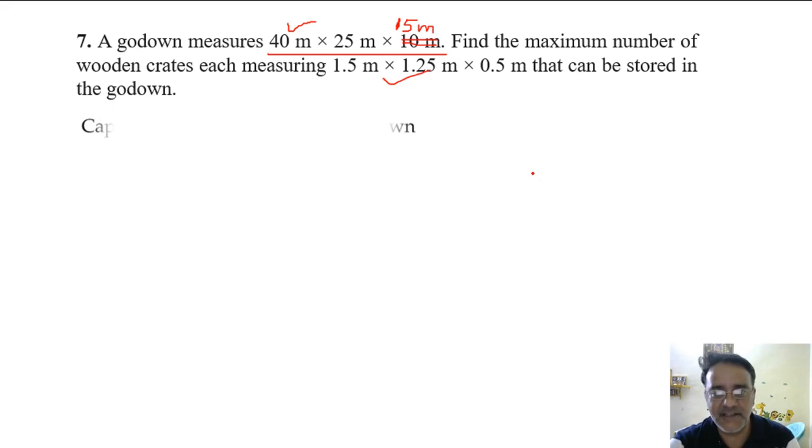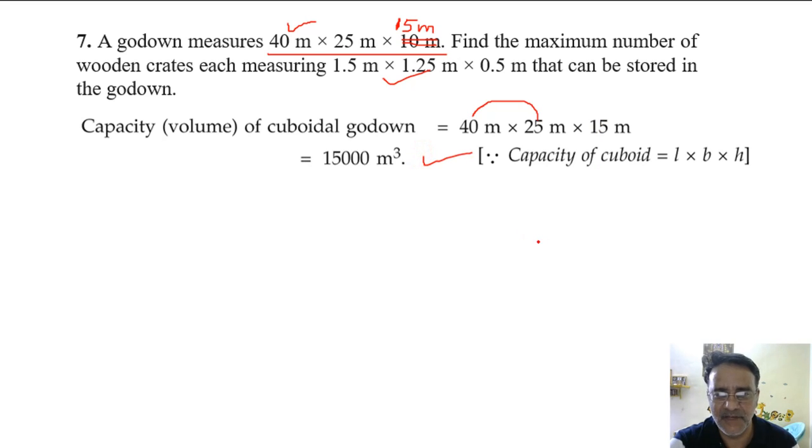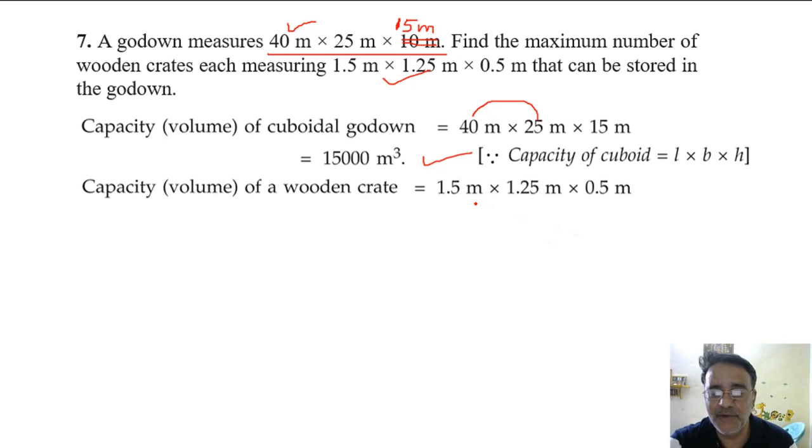Right, so let us start with the volume of the cuboidal godown, 40 into 25 into 15. So see, this is 1000 into 15, 15,000 meter cube. Okay. Now the volume of one wooden crate, 1.5 meter into 1.25 meter into 0.5 meter.